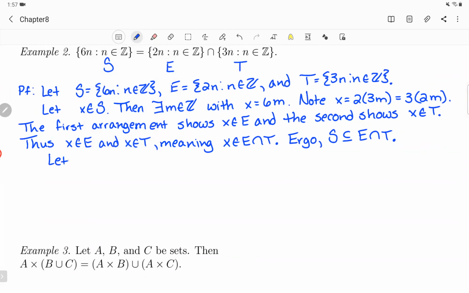Let x be an element of E intersect T, then there exist k, L in the integers with x equal to 2k and x equal to 3L.